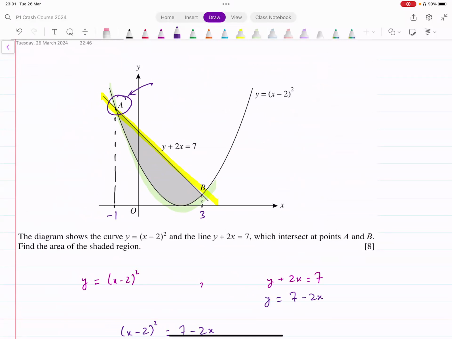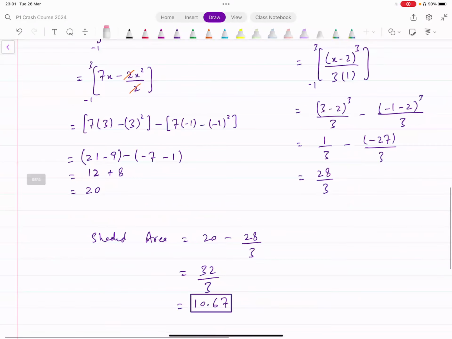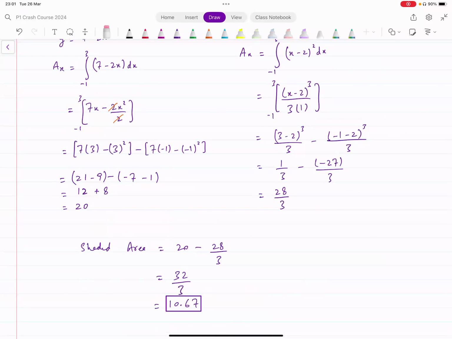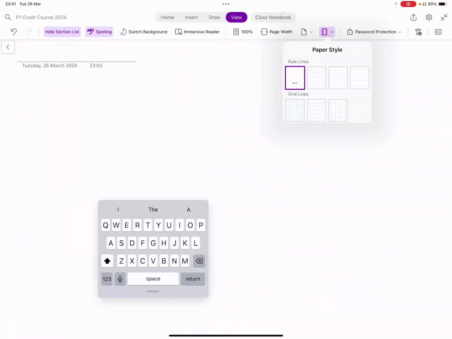We only need the x limits, right? We don't need the limits of y here. That's not required. That's the shaded area that we have. All right, good. Let's have a look at the next one now. That was question number 21 from the worksheet.